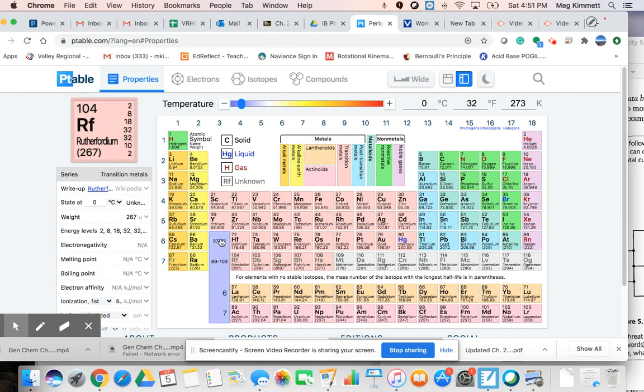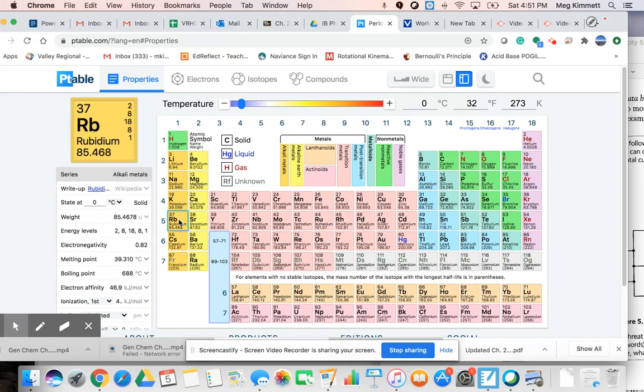But you could slip them in here and it would just make your periodic table much too long and not practical for textbook purposes.